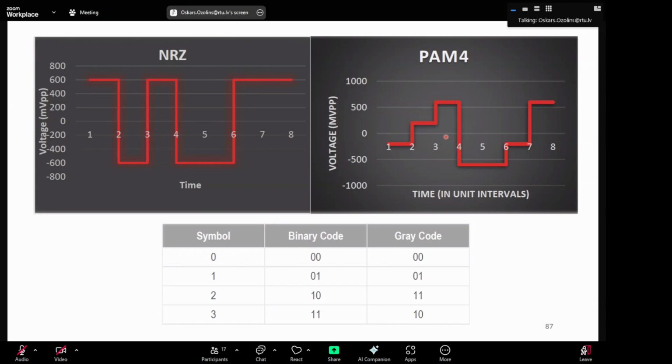In PAM4 there are four symbols: symbol 0, which is at the lowest level, then 1, 2, 3. There are a couple of options for how one can assign in binary code. Then you assign 00, 01, 10, 11.